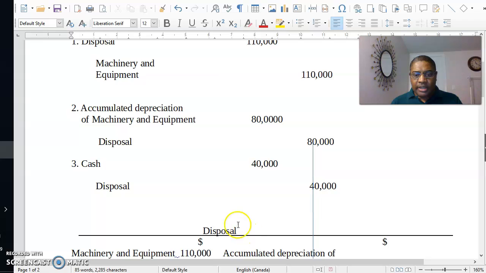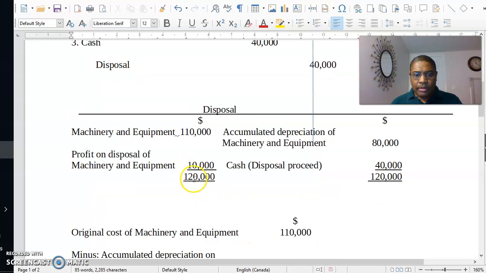So what you're basically doing, you're taking $110,000, which is the original cost. You're minusing the 80,000, right? The 110,000 is equivalent to the debit. The accumulated depreciation is equivalent to the credit, and you're minusing the 80,000 to get the book value of the asset.